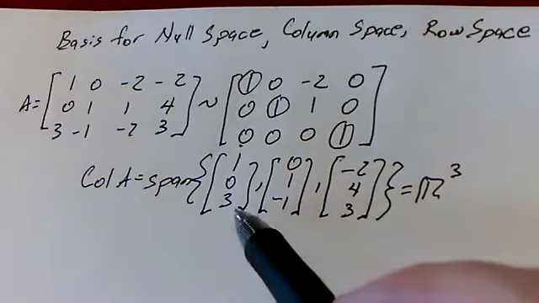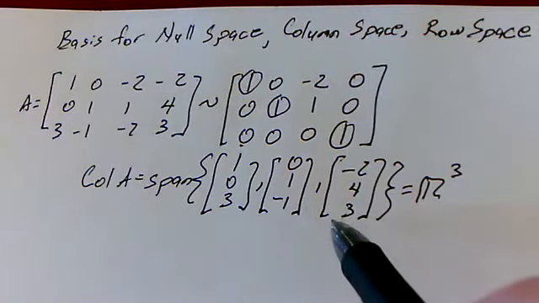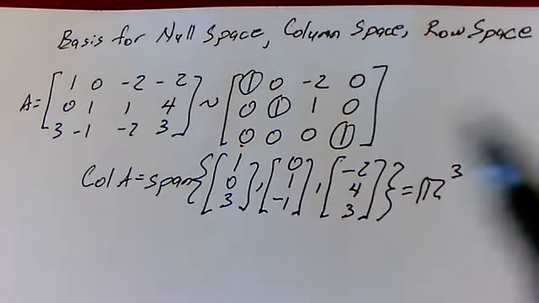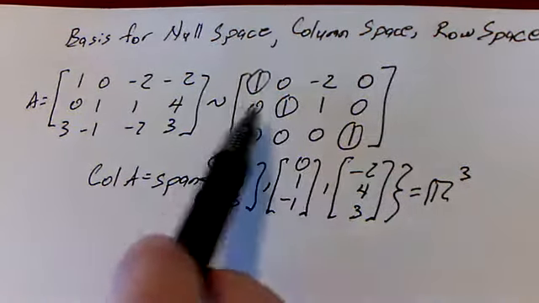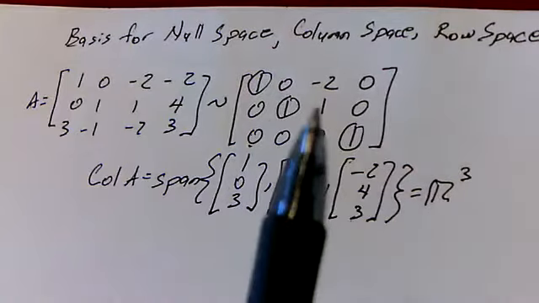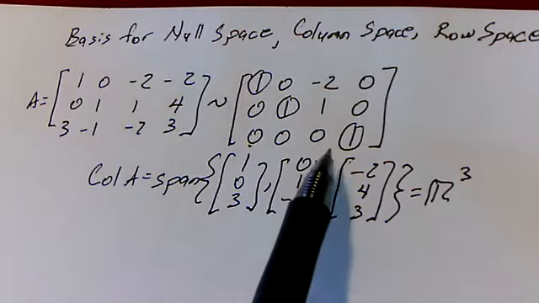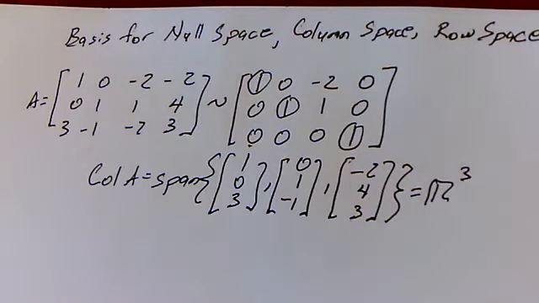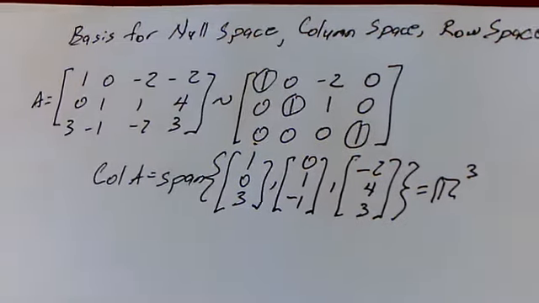The vectors are in R3, and I have 3 vectors. If I'm in R4 and I have 4 vectors, it's all of R4. So actually, the reduced version of A would also span the same space. But in general, we cannot expect that. That only works if we have that case where those dimensions match up.